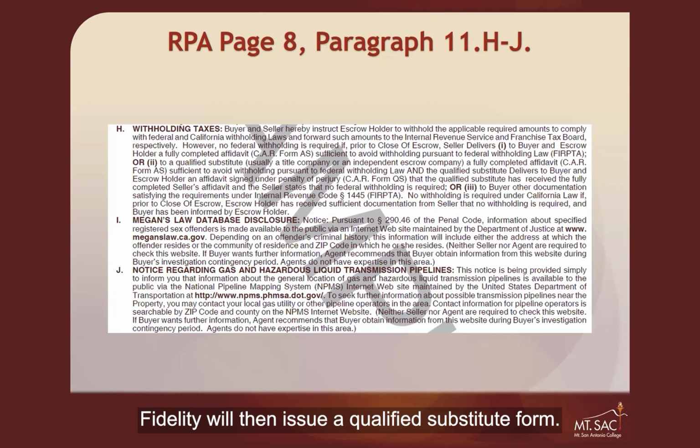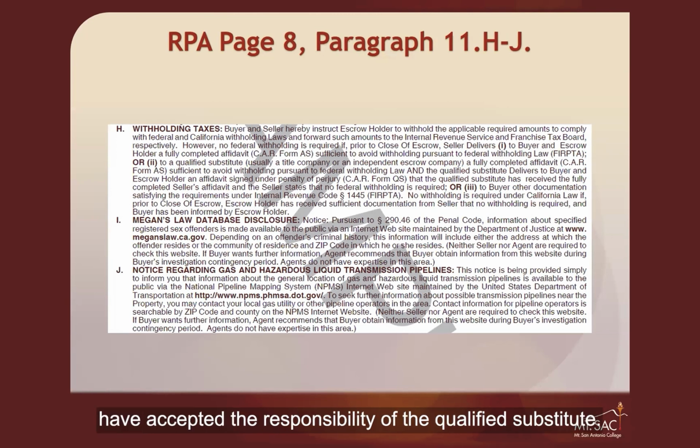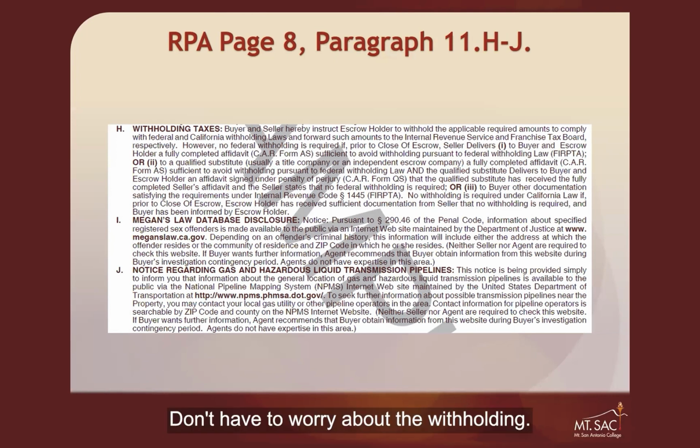Fidelity will then issue a qualified substitute form. There is a QS form in ZIP forms, but most of your title company escrows have their own forms. You can use their own forms. That lets the seller and the buyer know that they've accepted the responsibility of the qualified substitute. Don't have to worry about the withholding. Don't have to worry about seller releasing their social security number or tax ID number to the buyer.